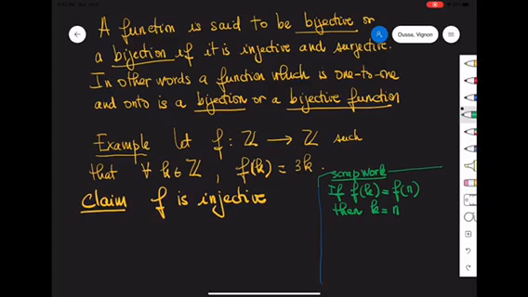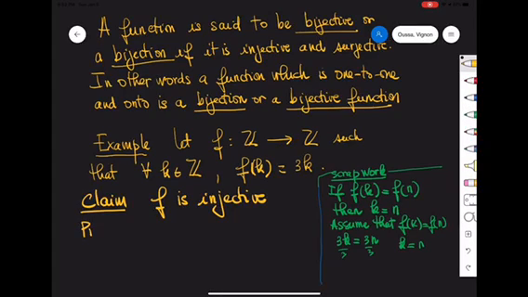That means essentially that 3k is equal to 3n, and by dividing each side by 3, we obtain, of course, that k is equal to n, which is what we want.